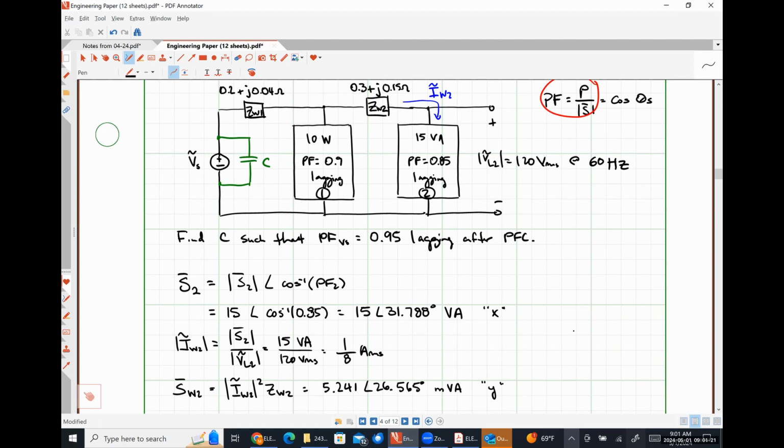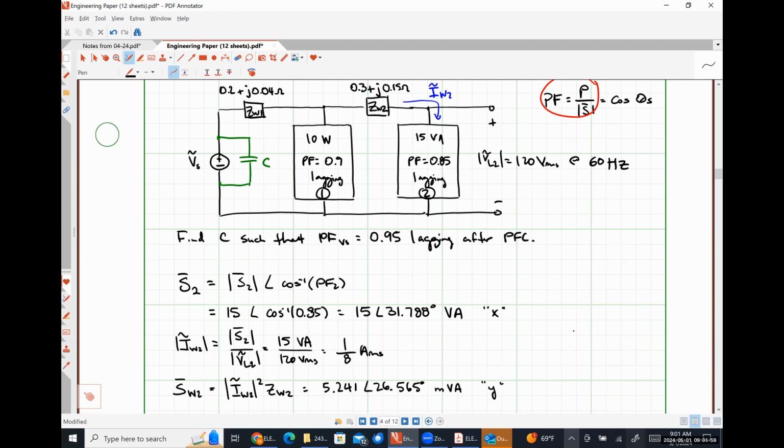So I'm working my way through this circuit from left to right because I know that if I can find the complex power absorbed by load one, complex power absorbed by load two, complex power absorbed by impedance ZW2, and the complex power absorbed by impedance ZW1, if I add all of those together, I will get the complex power that is supplied by my voltage source, which will let me know what's going on with the voltage source, right? Like from that, I can calculate power factors and all those kind of good things, okay?